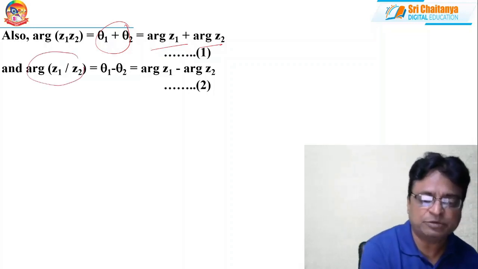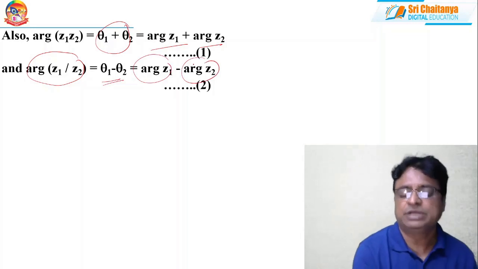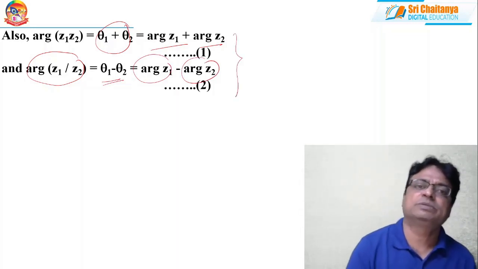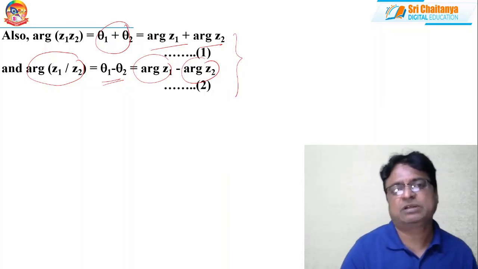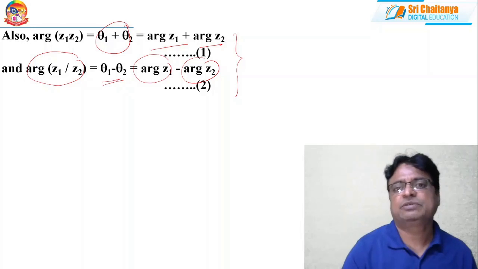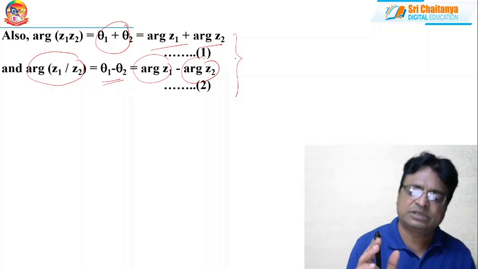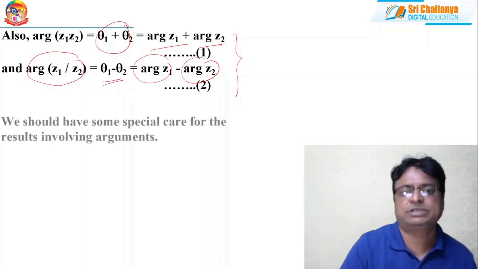The argument of Z1 by Z2 is equal to theta 1 minus theta 2, which is arg Z1 minus arg Z2. These two formulae play a very good role in coming problems. So please practice: the argument of Z1 Z2 is equal to argument Z1 plus argument Z2, and the argument of Z1 by Z2 is equal to argument Z1 minus argument Z2. Based on this, several times even advanced and mains examination questions were repeated. It is also very useful for board examinations.